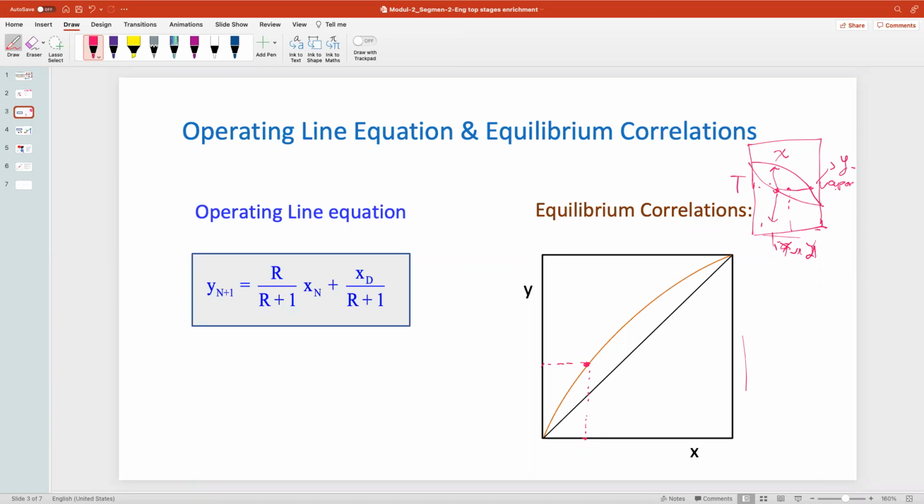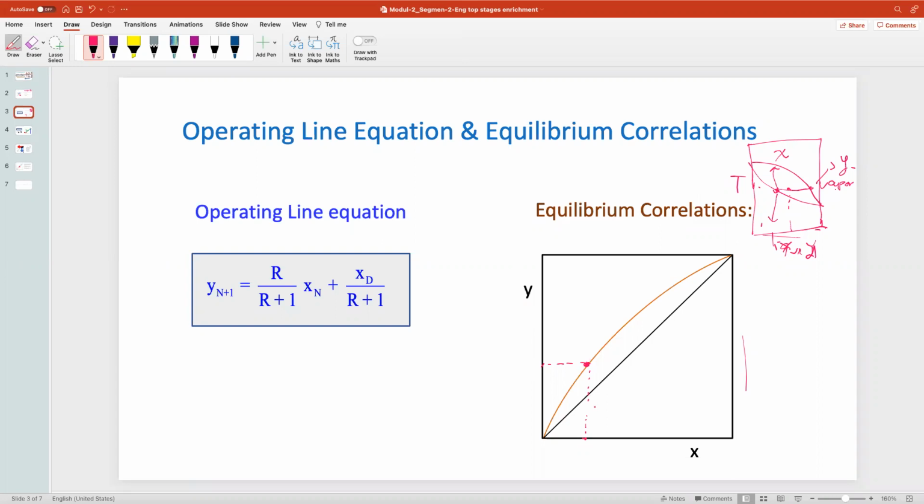Okay, this is very important because sometimes in the exam you only get this TXY diagram, and you have to construct the XY diagram. So I think we're going to put some assignment on how to change the TXY diagram into an XY diagram. Right, okay. So this is the equilibrium correlation.